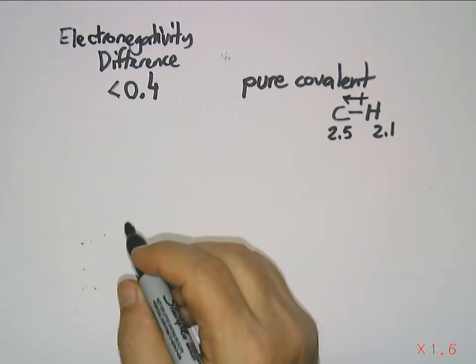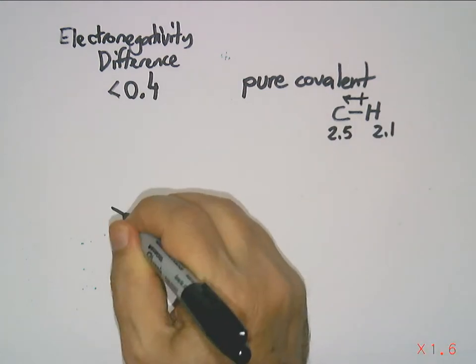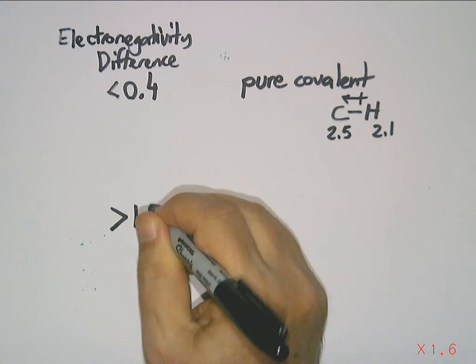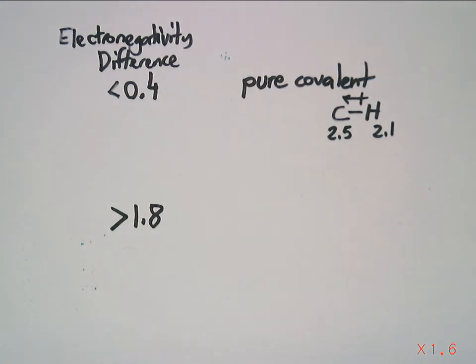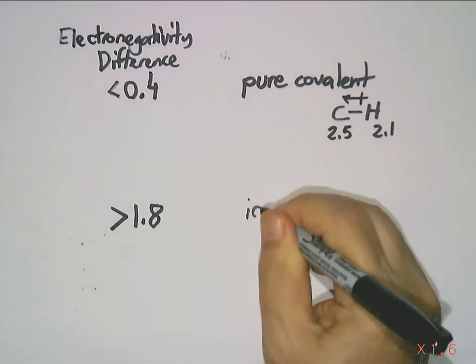Now if I have an ionic molecule, or an ionic compound, I should say, you've got an electronegativity difference of maybe bigger than 1.8 for that. So I'm going to call that ionic.